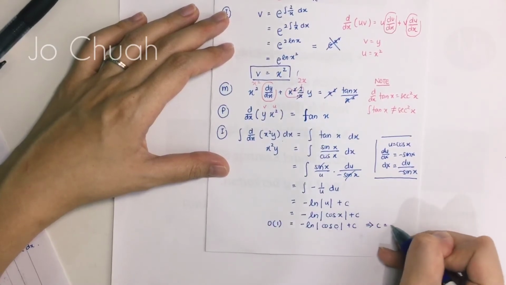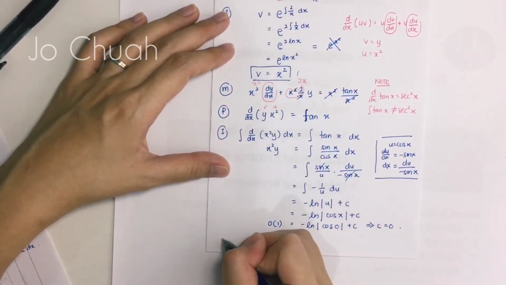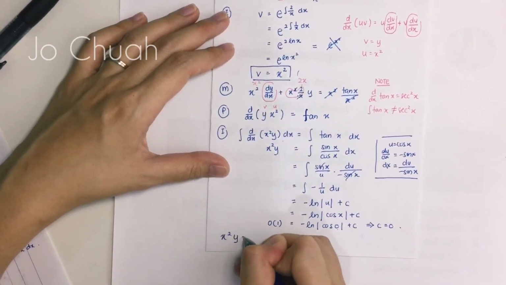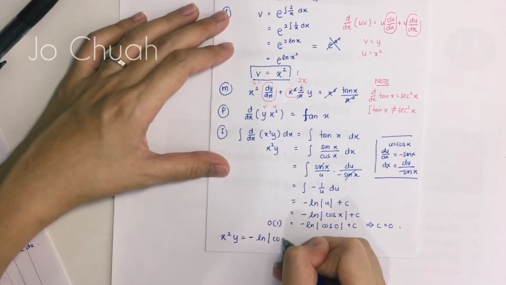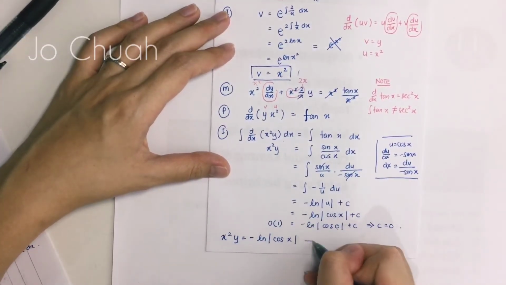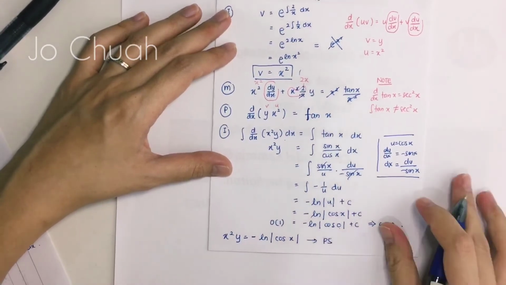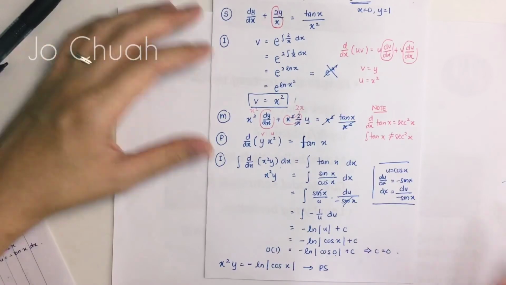Therefore, your c is 0. Your final answer is going to be x squared y equals negative ln modulus cos x. This is your particular solution. Okay.